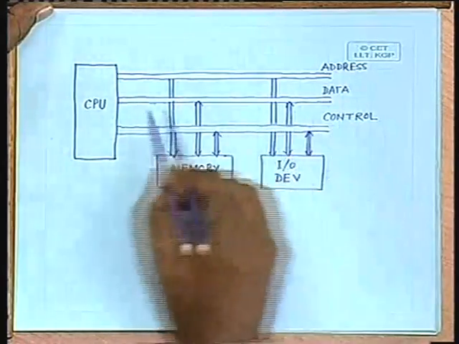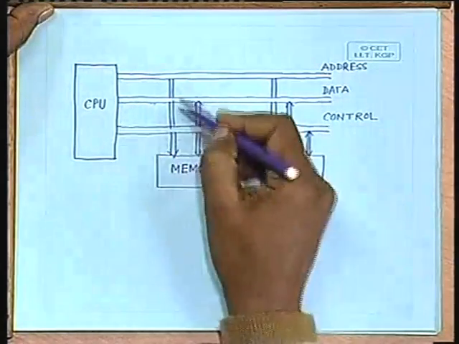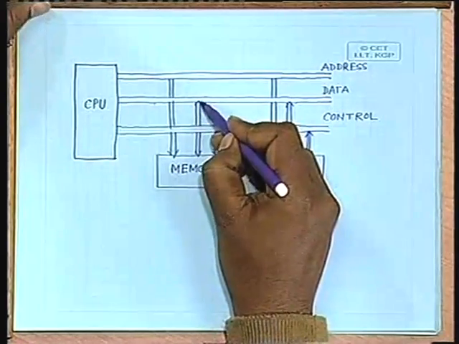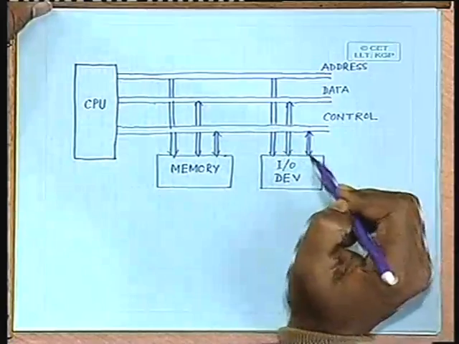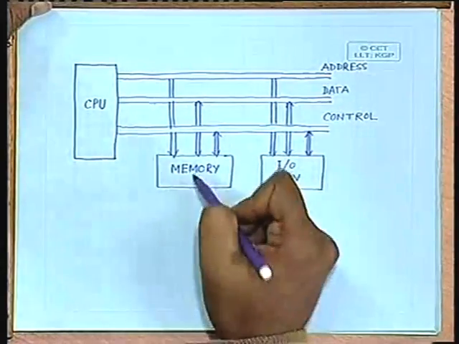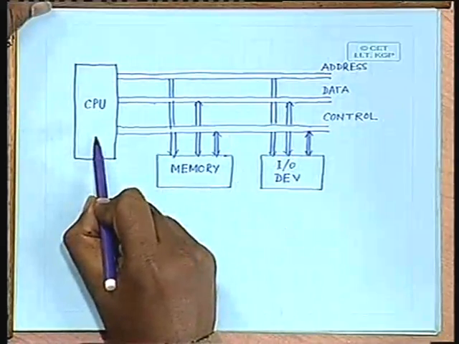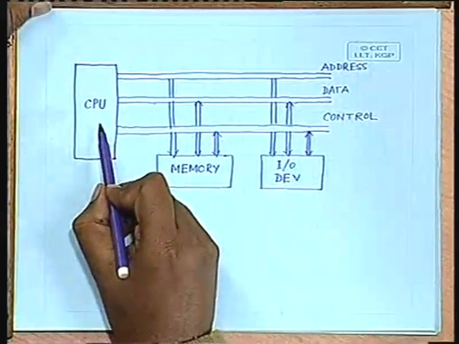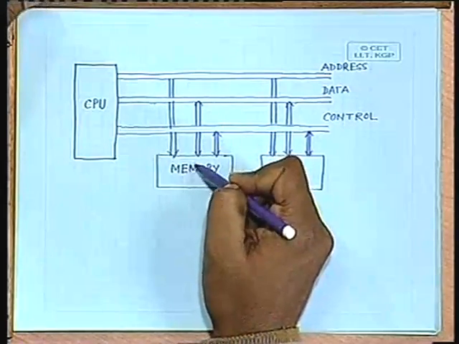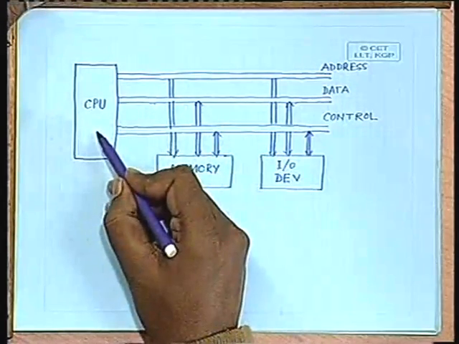Now, here you find that I have put these address lines as unidirectional, whereas the data lines I have put as bidirectional. The reason is, whenever the CPU wants to read something from any memory location, it is the responsibility of the CPU to specify the address of the memory location from where the CPU wants to read the data.